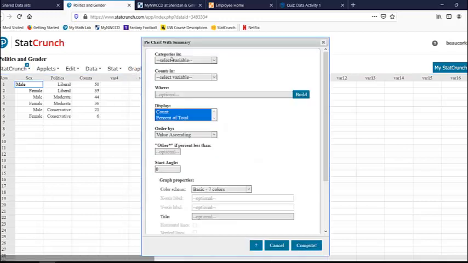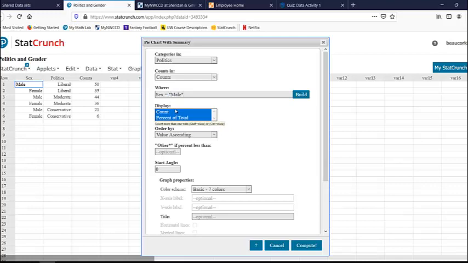with summary, politics, counts and counts, and among the males. So that means sex equals male. Again, case sensitive. And as a note too, if it's multiple words, you can put this in quotes. It won't change anything.